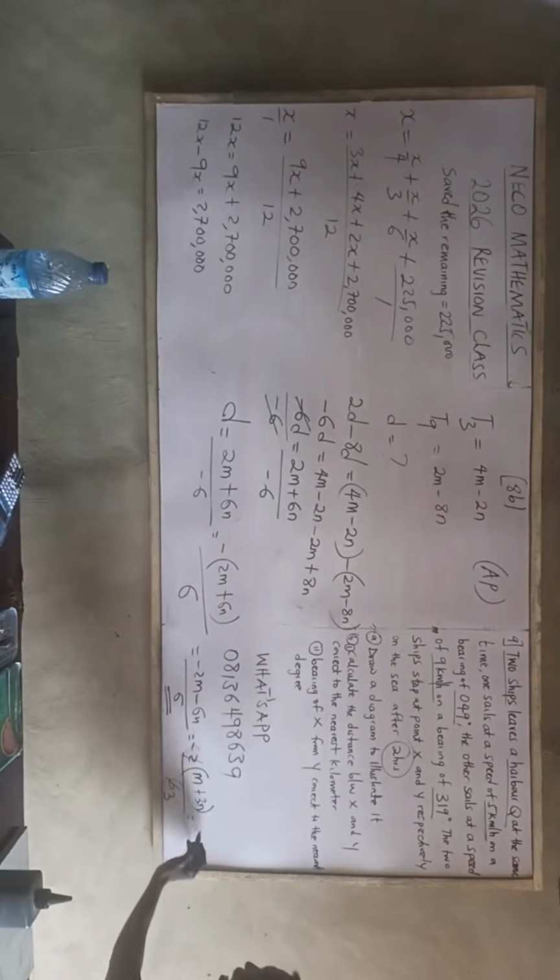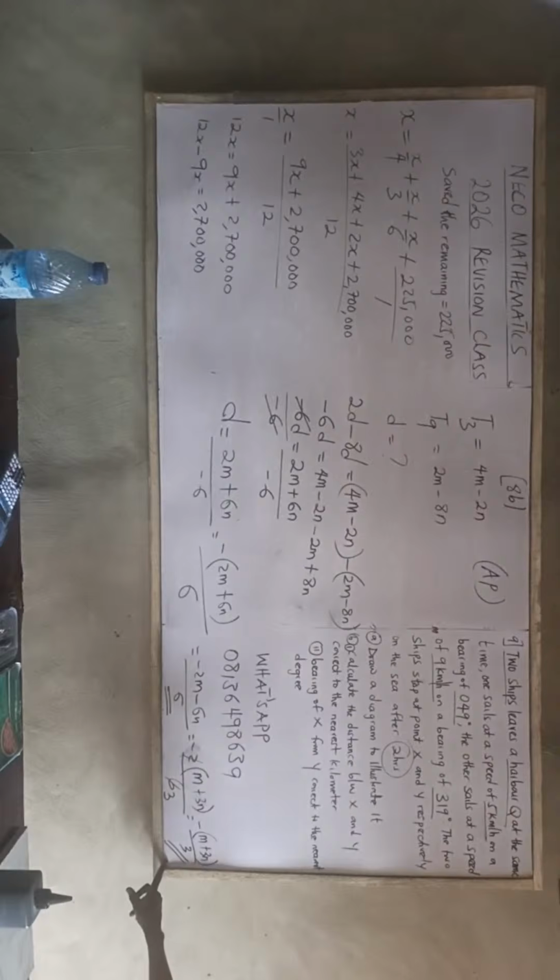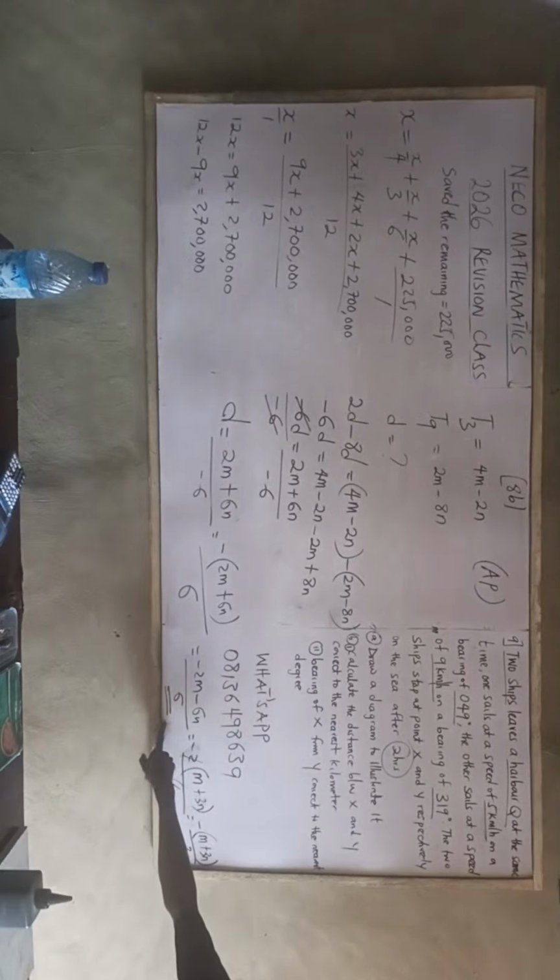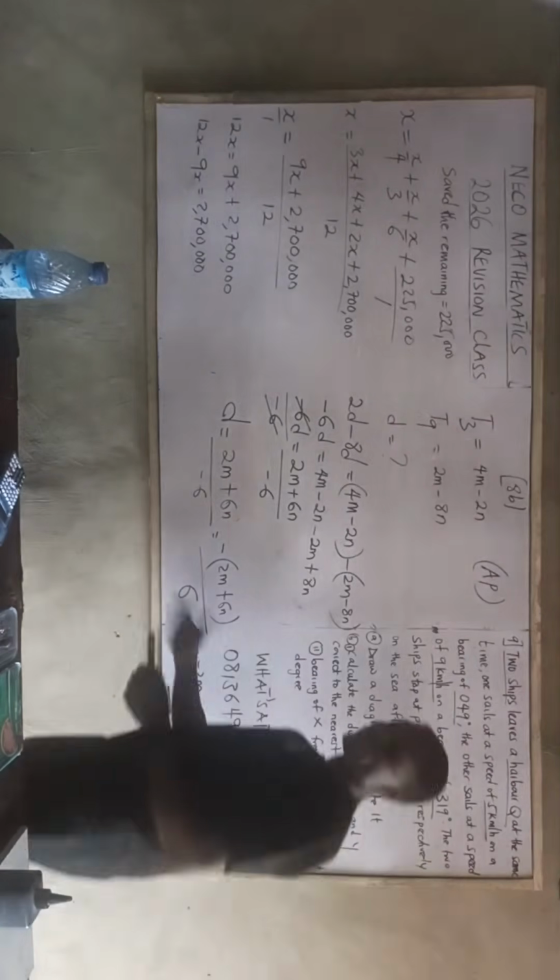I finally now have minus open bracket m plus 3n all over 3. Okay, final answer, you may leave it this way. Some may stop this way. You are still on the very, very correct page.